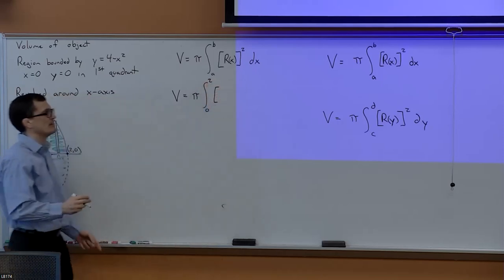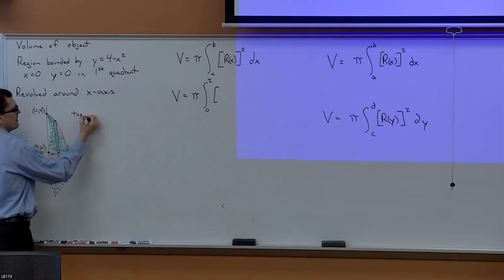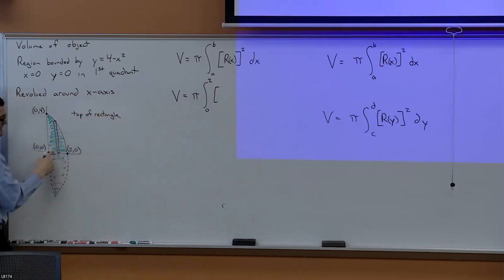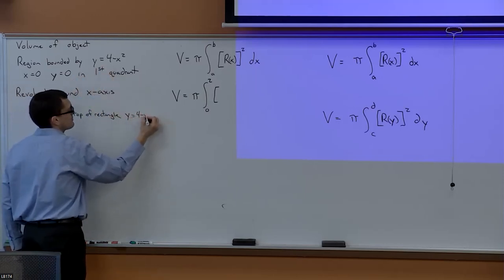Now here's where we have to worry about the radius. Radius goes from the top of our rectangle down to the bottom of our rectangle. The top of the rectangle is going to be different if I move this rectangle to the left and the right. But it's always going to be determined by this curve. So the top of the rectangle is always determined by y equals 4 minus x squared.